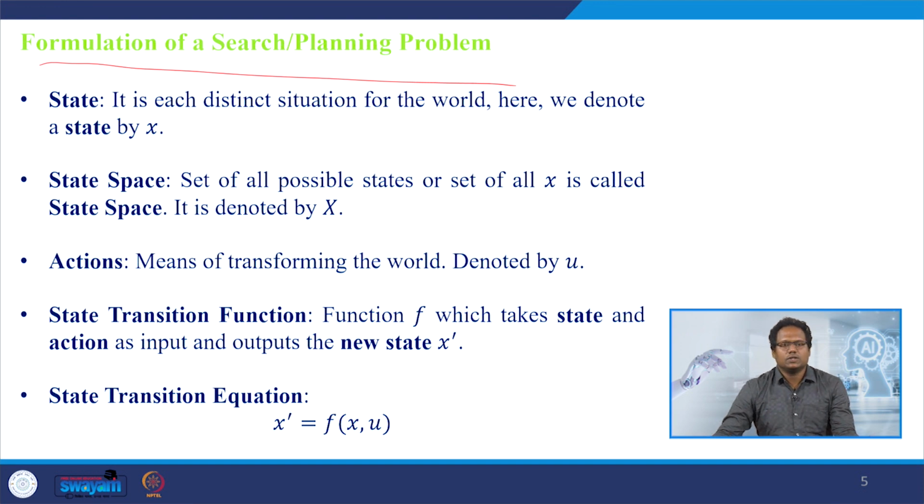This transformation is represented by a state transition function, say f, that provides the information of the new state by taking the current state and current action as its input, and thus the state transition equation is given by x' = f(x, u), a function of the current state and current action.